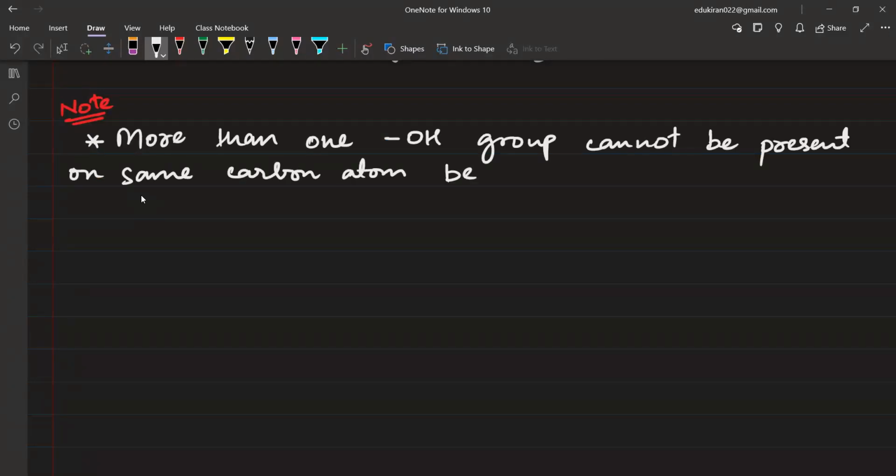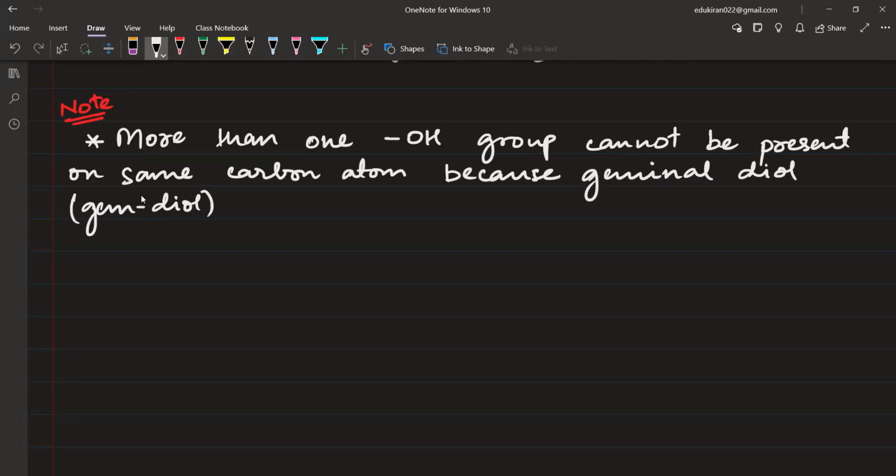Because more than one OH group on the same carbon is known as a gem diol, and a geminal diol is very unstable.